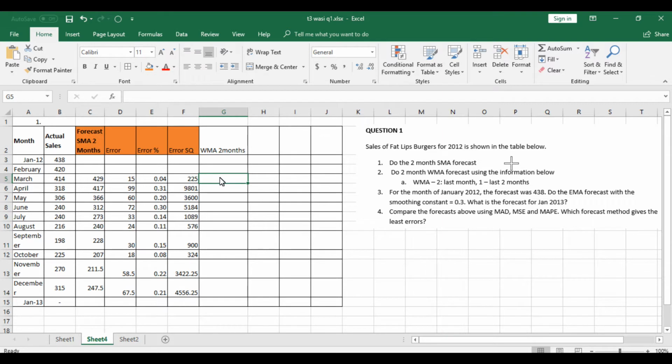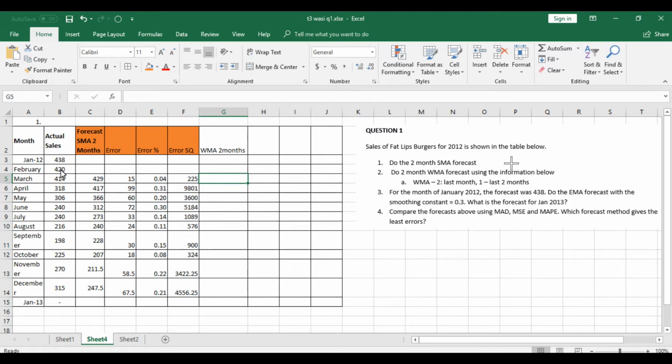The formula for wedge moving average forecast is equal to the sum of wedge in period i times the actual value in period i, divided by the total wedge. Now, sorry, I forgot to mention the formula for the simple moving average forecast. The formula is: moving average forecast is equal to the sum of demand in previous periods divided by n.